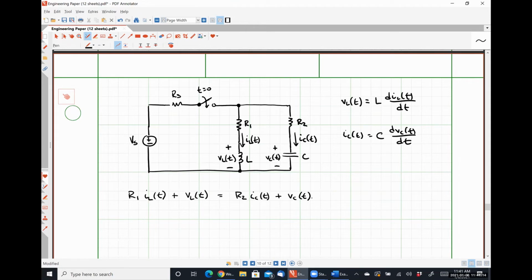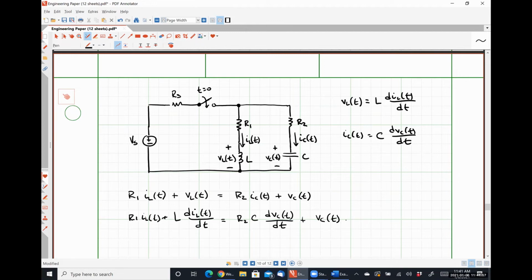Now, if I make my substitutions in here, this is going to give me R1 IL of t plus L dIL by dt is equal to R2 C dVc by dt plus VC of t.